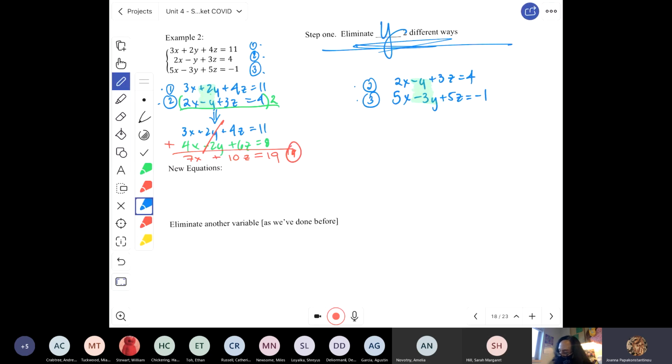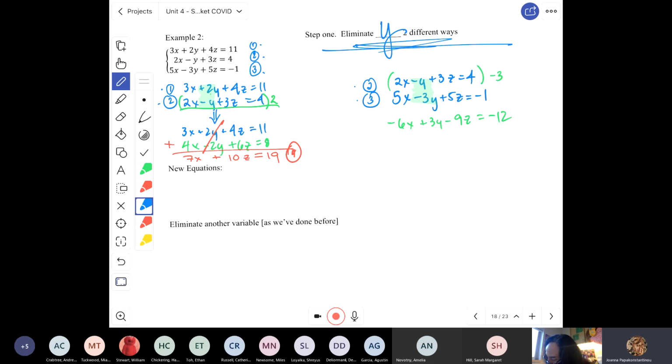Now I'm going to come over to the second set of 2, and I'm going to ask myself, what am I doing to one of the equations so that if I were adding the 2 together, I could eliminate y? I need opposite coefficients for y. Beautiful. Multiply the first equation by negative 3. So I'm going to rewrite this and get negative 6x plus 3y minus 9z equals negative 12.